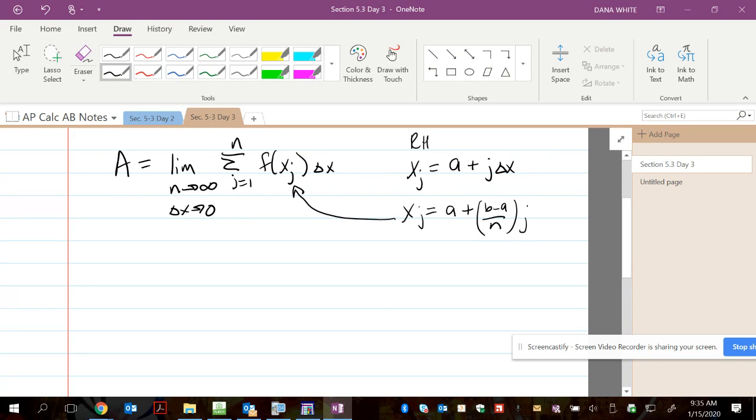So from that, can we go from the integral, because what's the integral? The integral is from a to b of f of x dx. That's what area equals. This definite integral matches up to that summation notation. And everything is in that x sub j that you need to pick it all out.